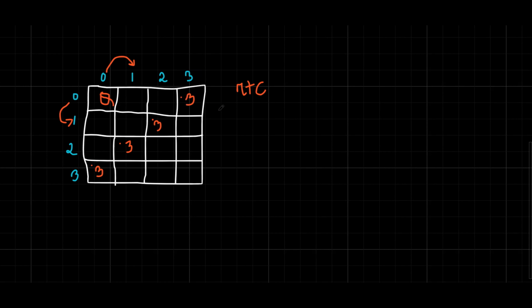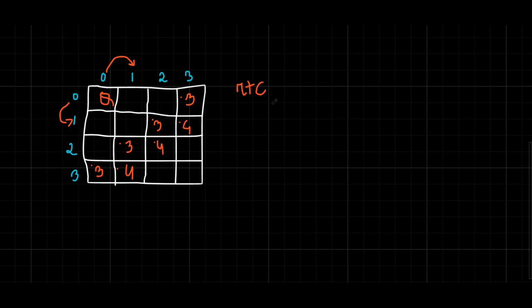For clarity, let's check one more positive diagonal. Here, the row plus column is 3 plus 1, which is 4. For this, 2 plus 2 is equal to 4. And for this, 1 plus 3 is equal to 4.